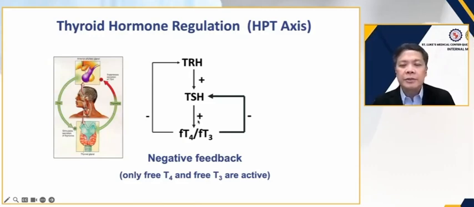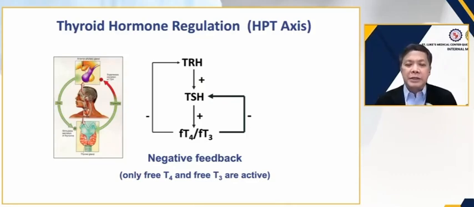It will then go into the circulation and reach the thyroid gland. There are receptors within the thyroid gland for the TSH. And once stimulated, the thyroid gland will initiate the whole process of pinocytosis, taking a bite of the preformed thyroid hormone within the thyroglobulin, and then lyse it and release T4 and T3.